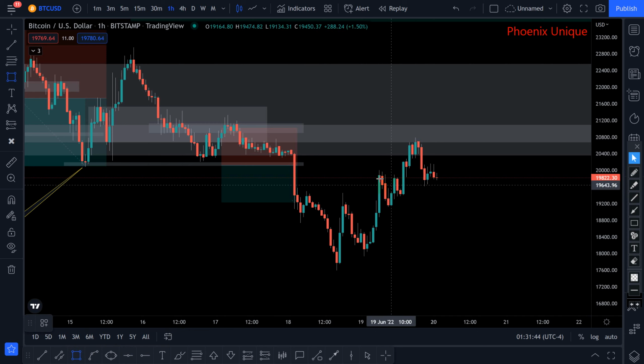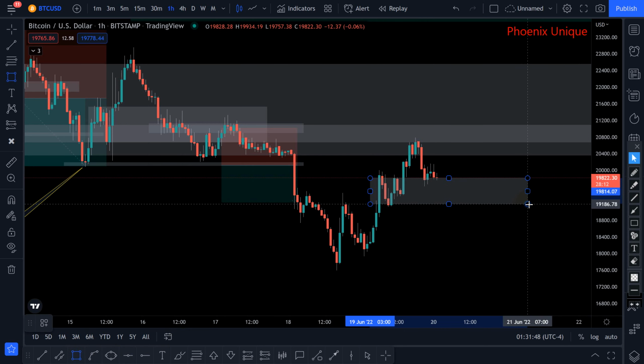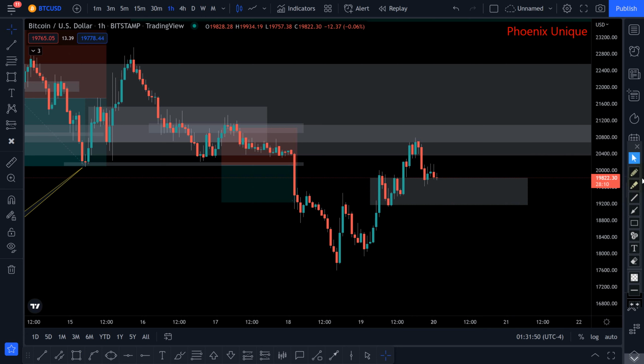So I'll be looking for safe sales below this zone, but I'm not going to touch buys. Buys will be above this zone, okay? Buys will be above this zone. Sales will be below this zone.